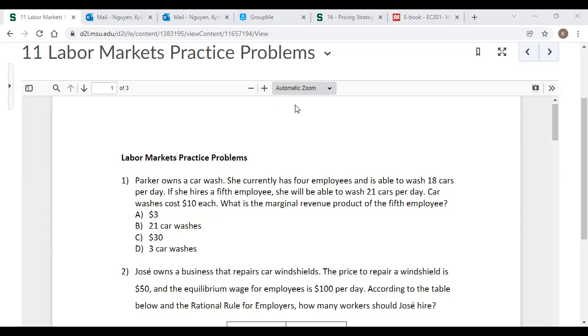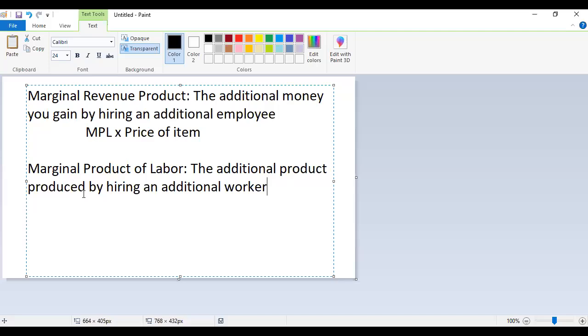But yeah, so at 4 employees, she washes 18 cars. If she has 5 employees, she washes 21 cars. So that's an addition of 3 cars. Let's write that down on our little board. In this case, MPL would equal 3 because we had an addition of 3.